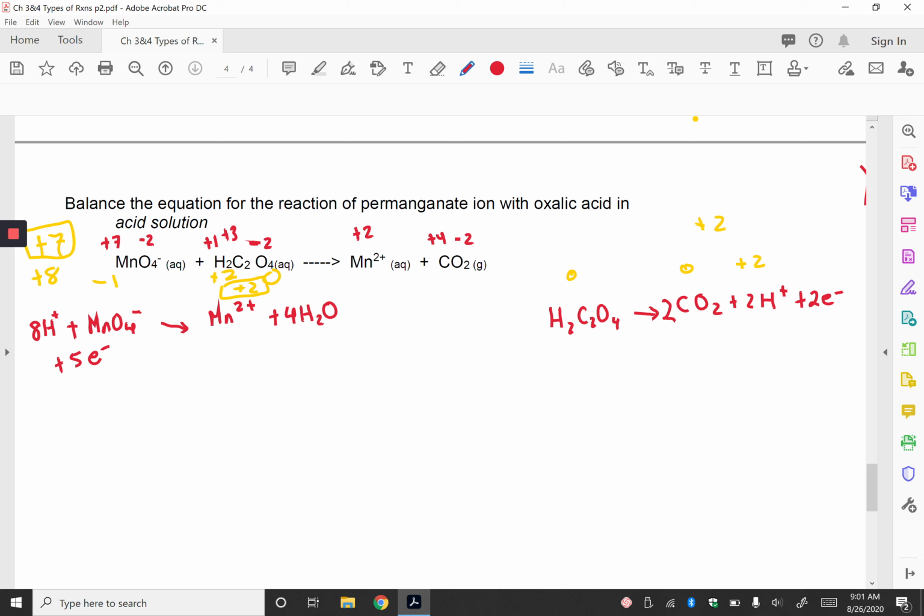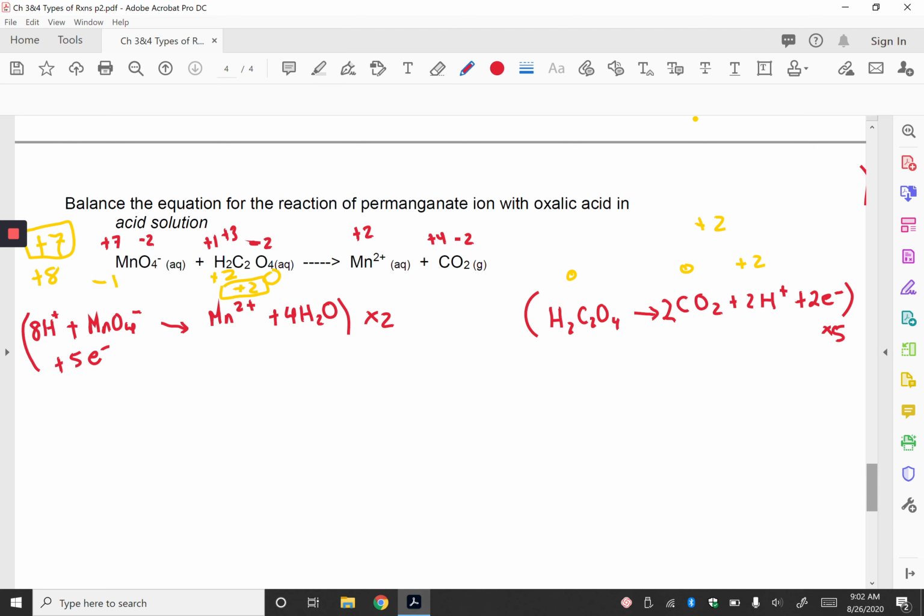And so we can't have those numbers of electrons be different. So what you want to do is multiply both reactions, or just one, by an integer to make the electrons equal. So I have 2 and I have 5. I need to make those equal. So I have to multiply both. I multiply this one by 2 and this one by 5.